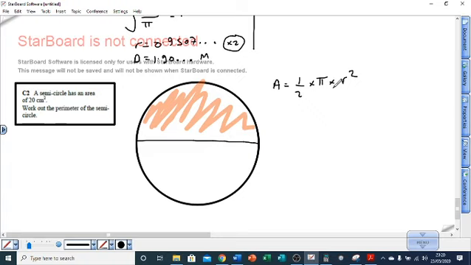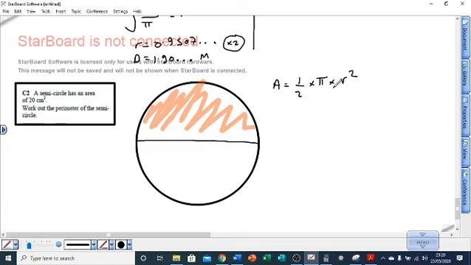Now we're going to rearrange this equation to work out what r is. But we need to get rid of these things. Well, the first thing we need to get rid of is the divide by 2. So we're going to times both sides by 2 to give us 40 is equal to pi times radius squared.